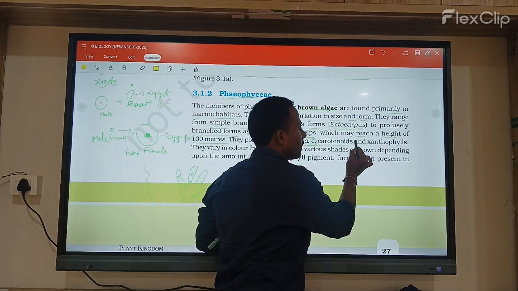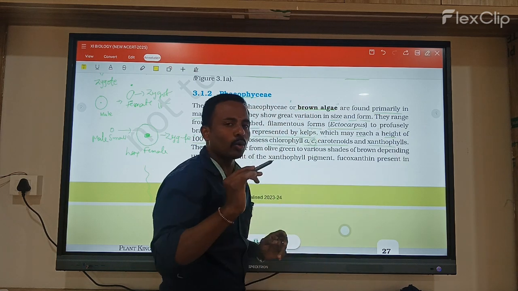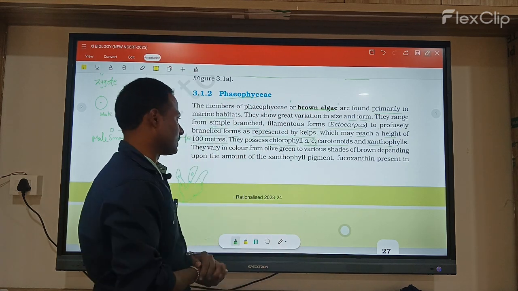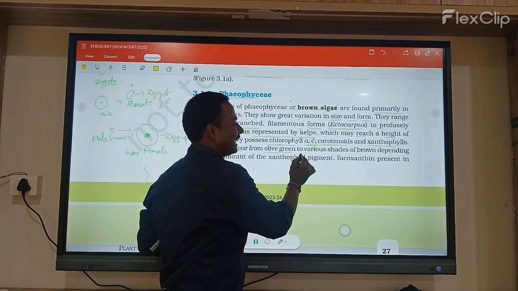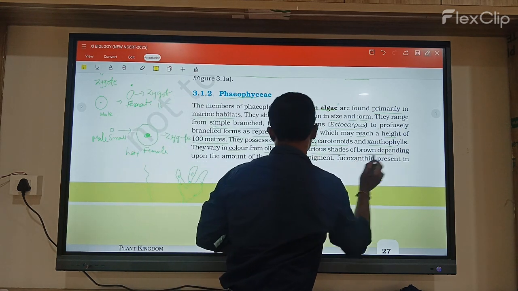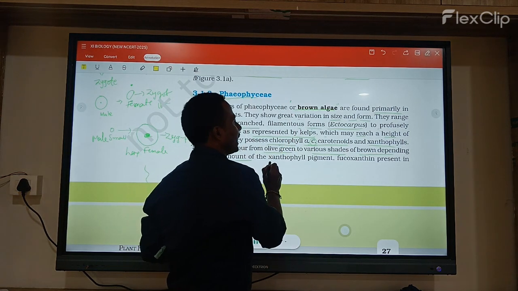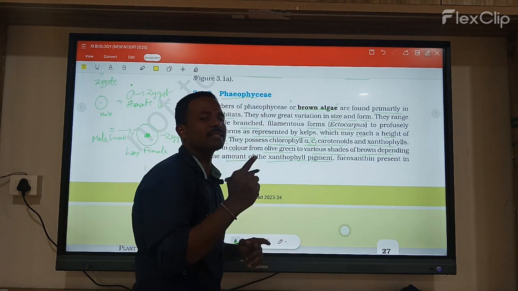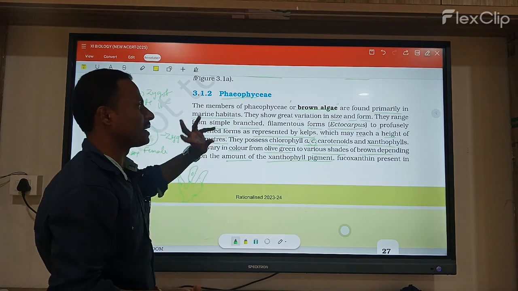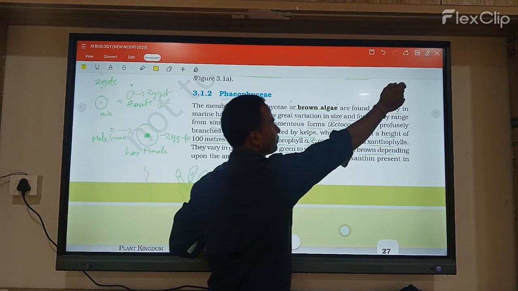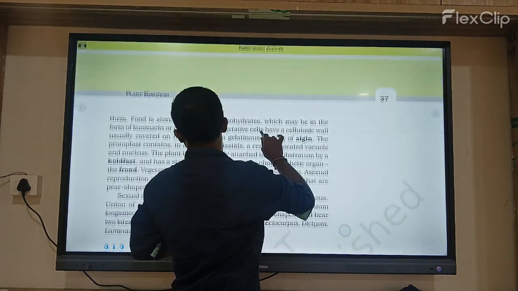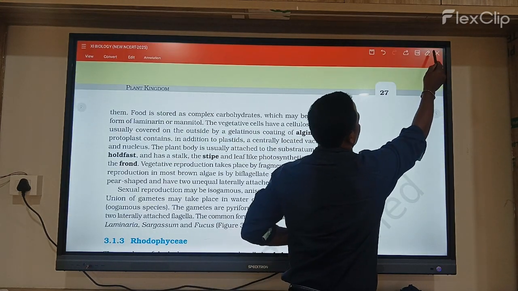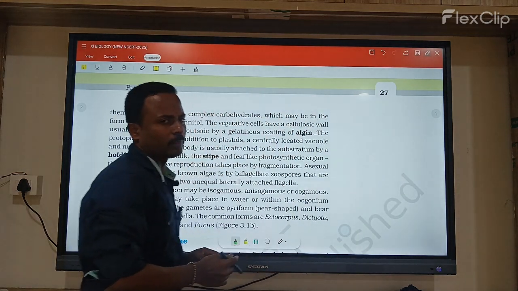Here, additional pigments are also present, namely carotenoids and xanthophylls. They vary in color from olive green to various shades of brown, depending upon the amount of xanthophyll pigment. When xanthophyll is present in large amount they appear brown in color. Fucoxanthin is also present.